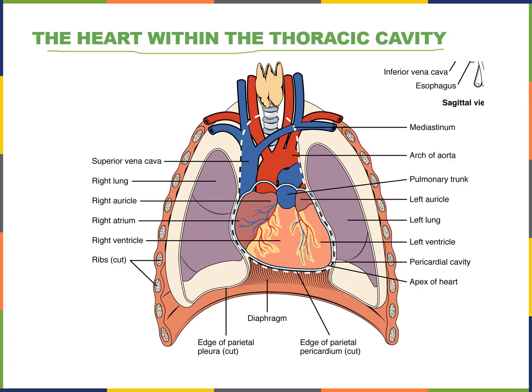So this is a look at the thoracic cavity. So again, the thoracic cavity, the 2 major organs are the, now let's put right. So that's the right side. This is the left side. So we have a right lung and a left lung, which are part of the respiratory system.